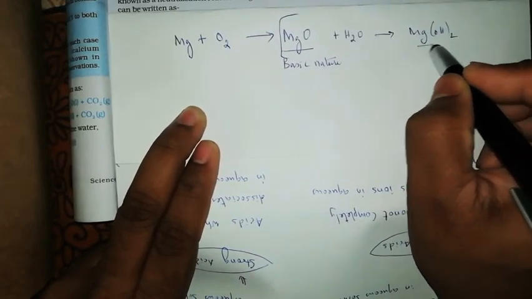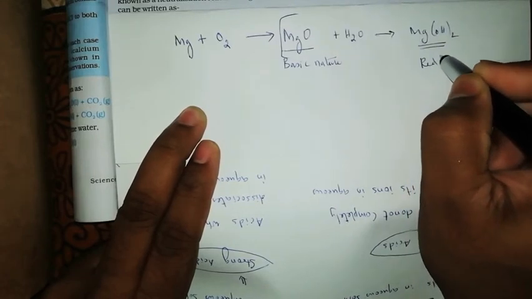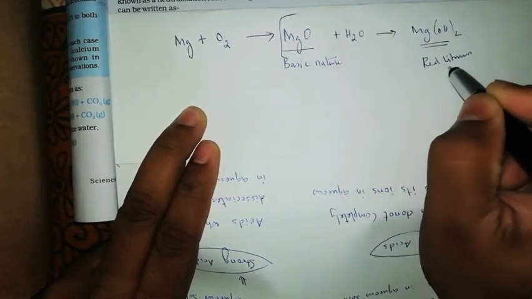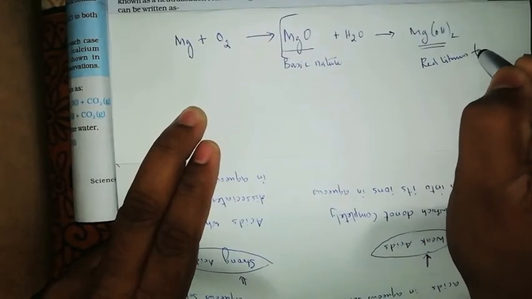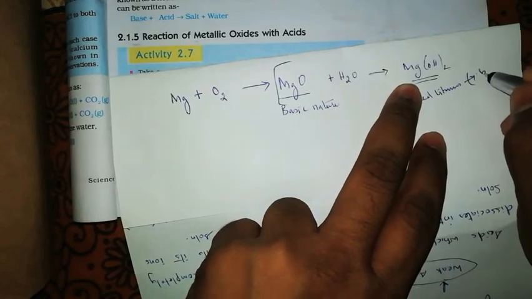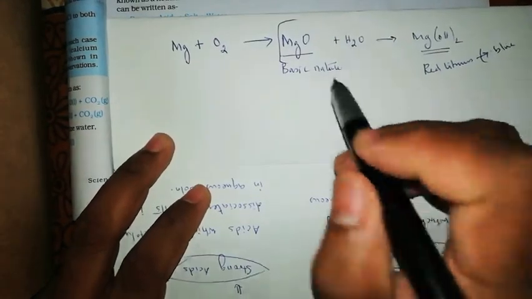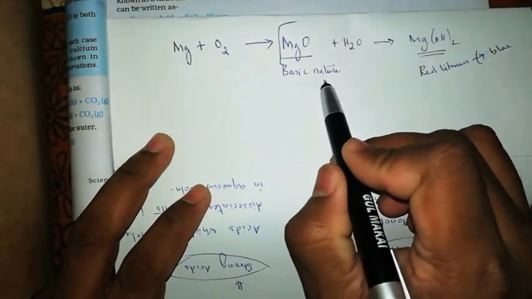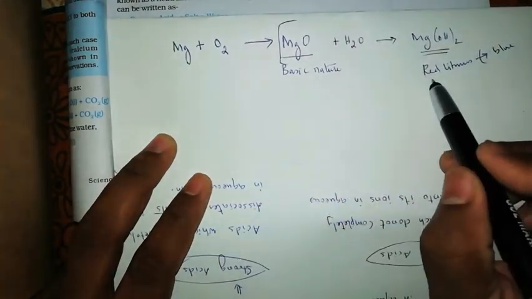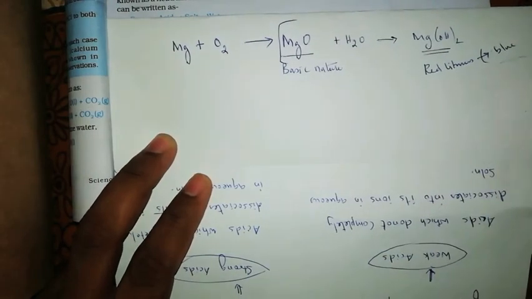When we test this magnesium hydroxide with a red litmus paper, it changes to blue color. So here we understand that magnesium oxide is basic in nature, and because it is a base, it changes the red litmus into blue color.